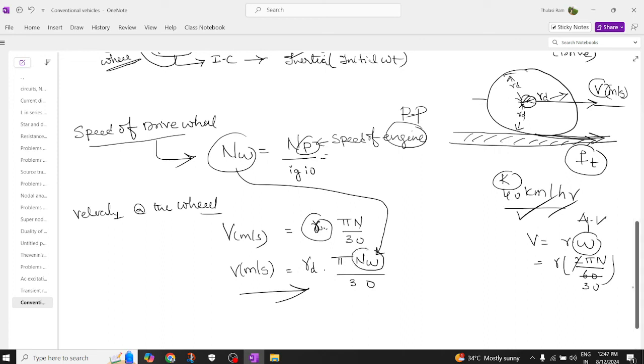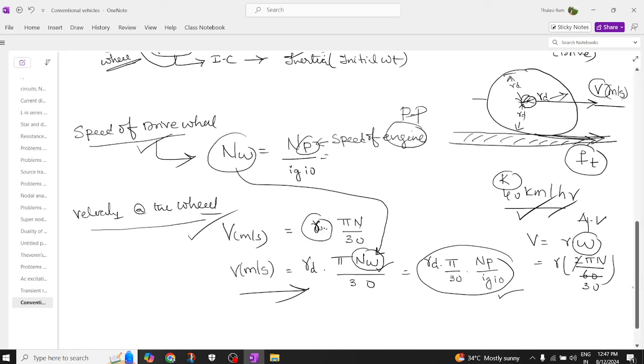If you substitute the speed of the wheel, it is Rd multiplied with pi by 30 into the speed developed by the wheel. The speed developed by the wheel is the speed of the plant divided by Ig into I naught. Now we have derived the velocity developed by the wheel: Rd pi by 30 into Np divided by Ig I naught.